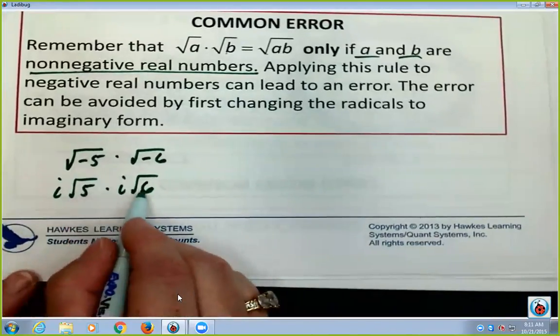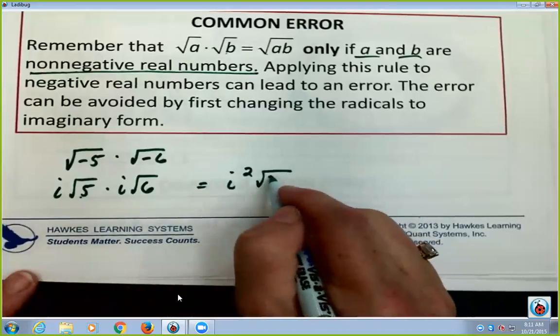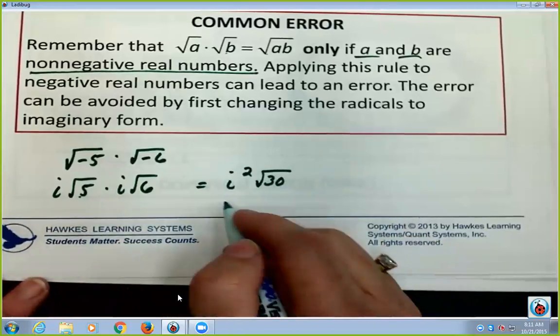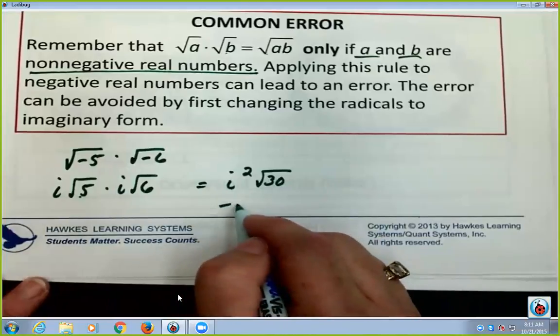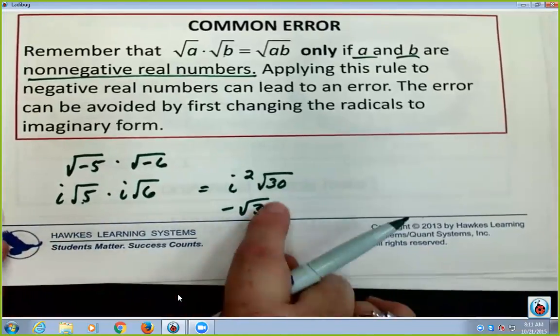Then I can multiply my stuff underneath and get i squared square root of 30, and then end up with a negative square root of 30. So be real careful when you work with those, that if you've got an i or a square root of something in there, you come up with that.